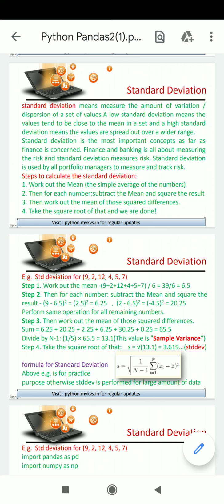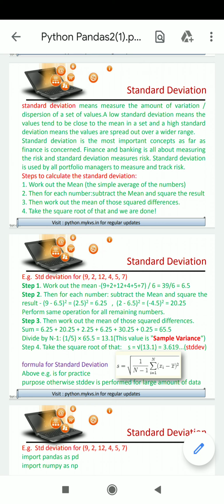First of all we have to find the mean value, then this mean value is to be subtracted from each number. Definitely the mean value will be in the middle of all the numbers, so after subtraction some results will be negative and some will be positive.